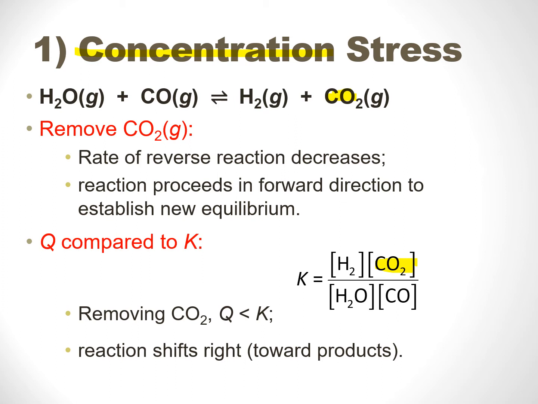In order for Q to go up, the system will have to respond by shifting towards the products. So the direct reaction is going to prevail. You can make more CO2 and H2, therefore increasing the numerator and making the denominator smaller. So Q will start rising until it reaches K once again.